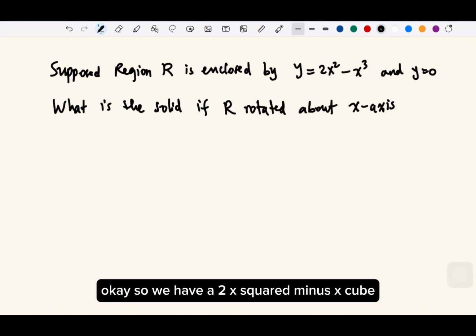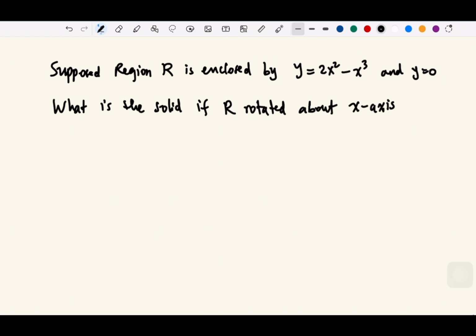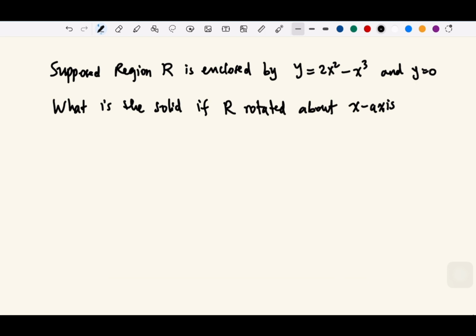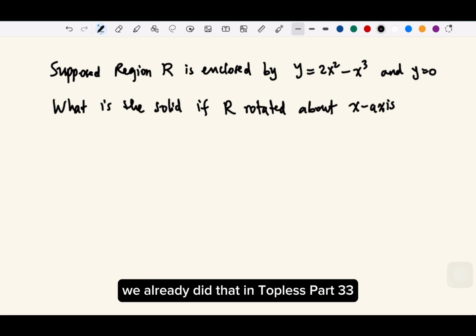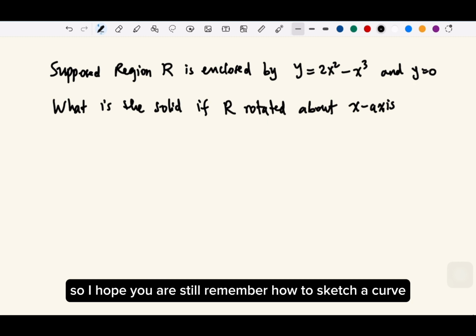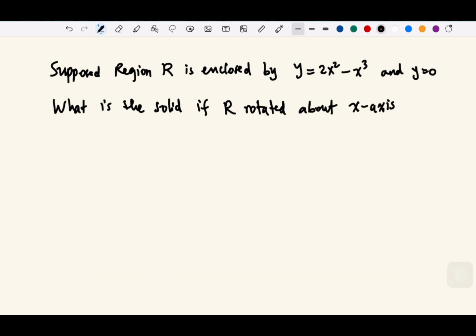Okay, so we have 2x squared minus x cubed. And if you think about how to sketch a curve, we already did that in the calculus part, derivatives for sketching a curve. So I hope you still remember how to sketch a curve.